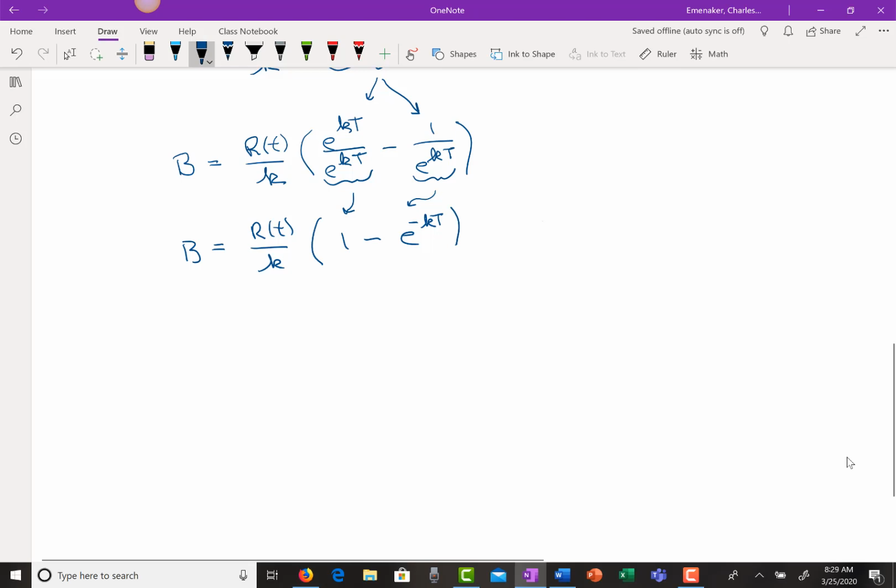This is how we're going to compute present value, okay, with an income stream and continuous compounding.